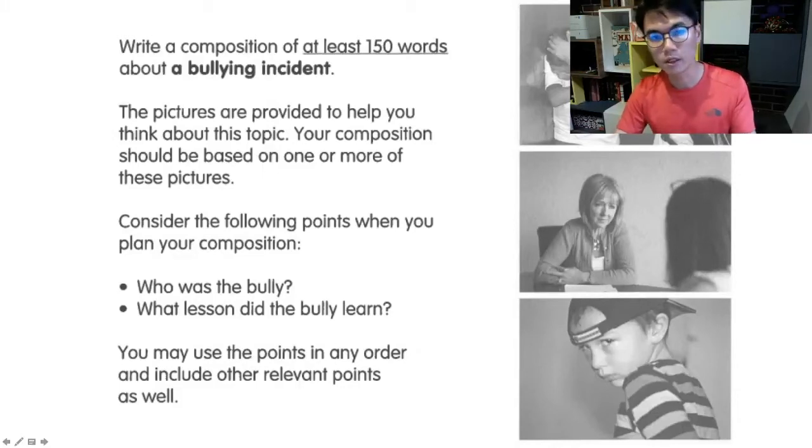Now always remember, you don't have to use all 3 pictures, but you do need to use at least one. And you need to tie this picture to the theme. And it's very easy to see how picture 1 links to a bullying incident. Picture 2 and 3 are a little more challenging. So today I'm going to base my composition on picture 1 and the theme, a bullying incident.